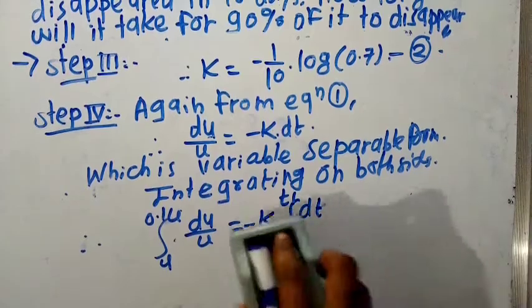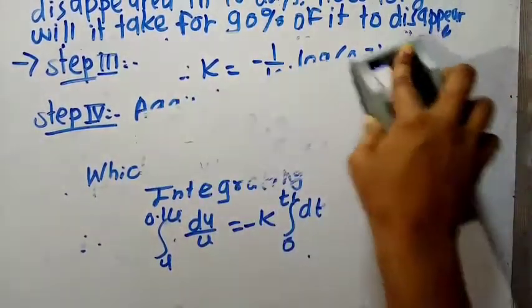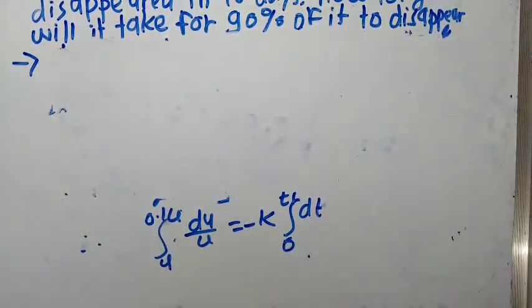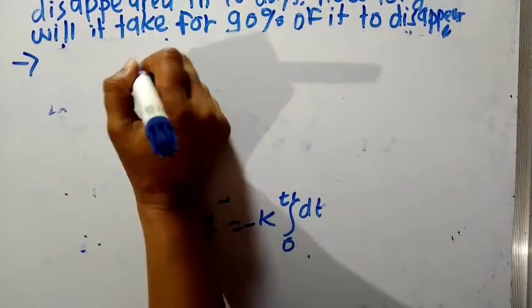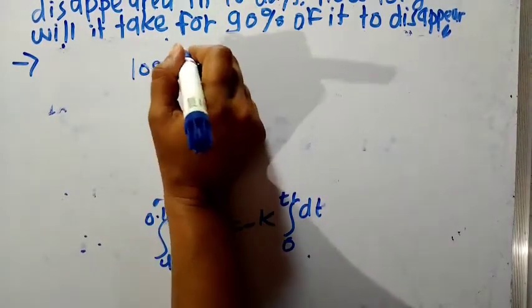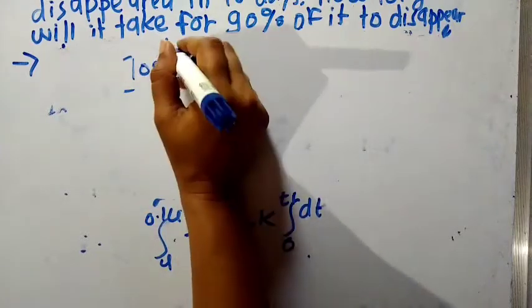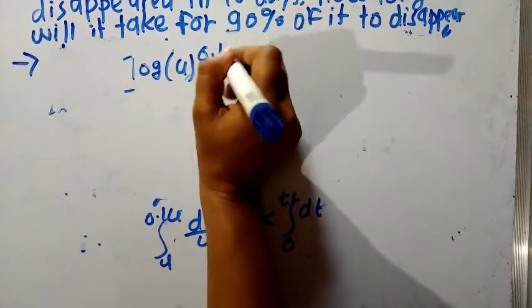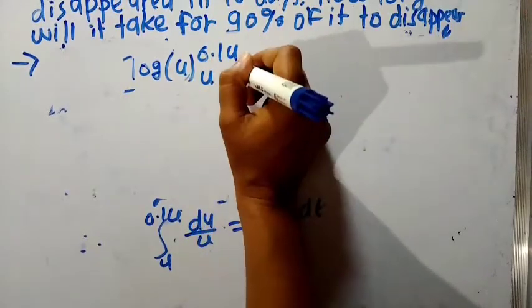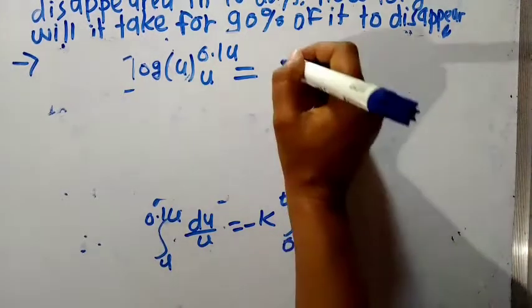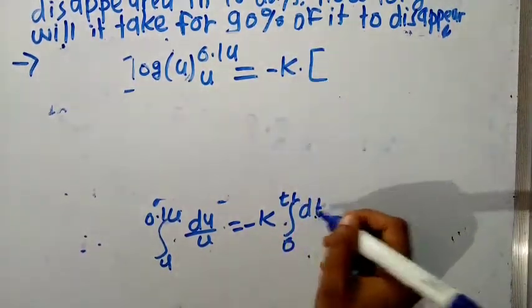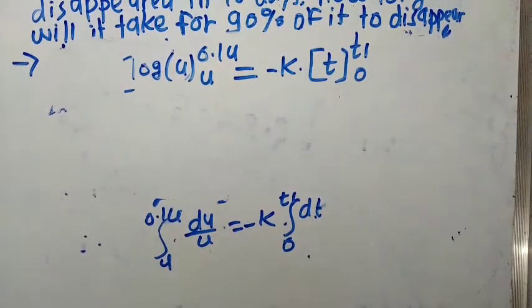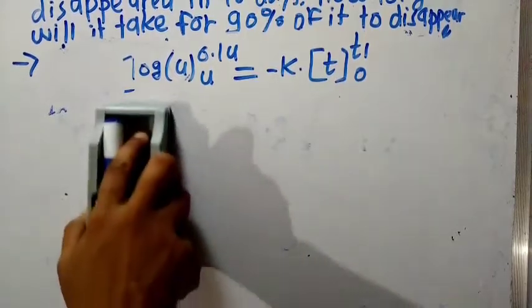And integration of 1 by u into du is log u, from 0.1 u to u, which is equal to minus k into integration of dt, which is t1 to 0. Find the definite integration.